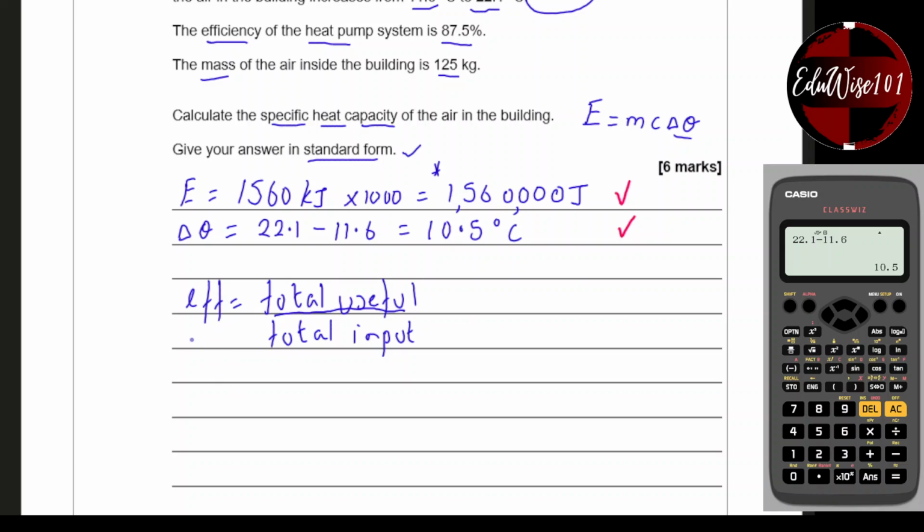Now, I need to find the useful energy, so I have to rearrange the equation. Efficiency is 87.5%, so I need to convert that to a decimal by dividing by 100. So efficiency is 0.875 equals the useful energy divided by 1,560,000 joules.